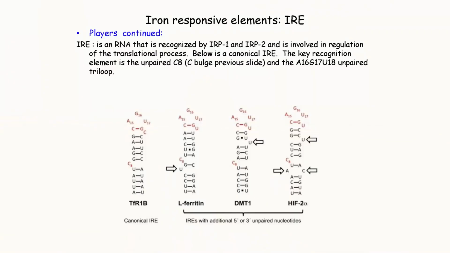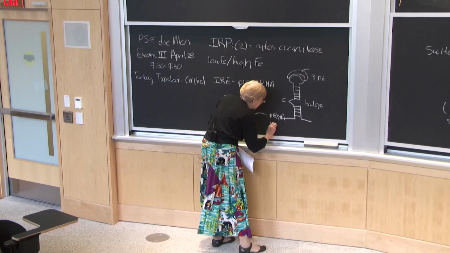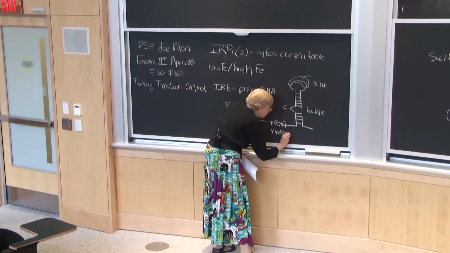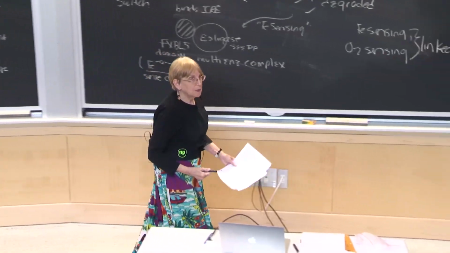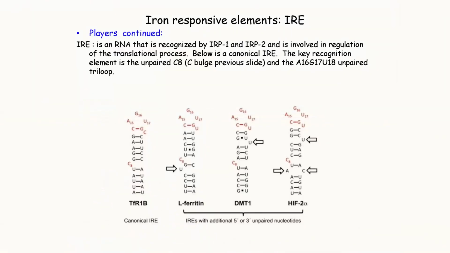Okay, so where do we see these iron-responsive elements in our messenger RNA? So go back and look at all of the players I introduced you to the last time. We have a transferrin receptor that's involved in uptake. We have DMT1, that's a divalent metal transporter involved in iron uptake.